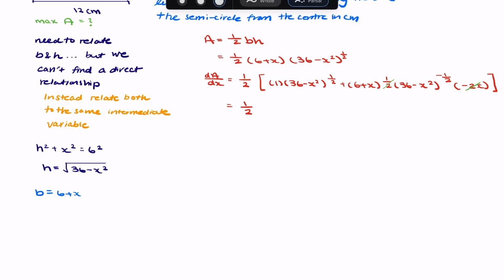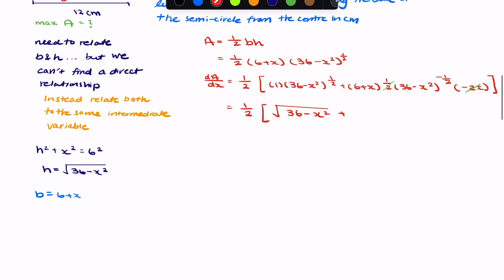So if we simplify, at the front we have the square root of 36 minus x squared. And then here we can simplify, we'll simply have minus, the negative from the negative 2x, so negative x times (6 plus x) on the top for the numerator, and on the bottom we would have the square root of 36 minus x squared.